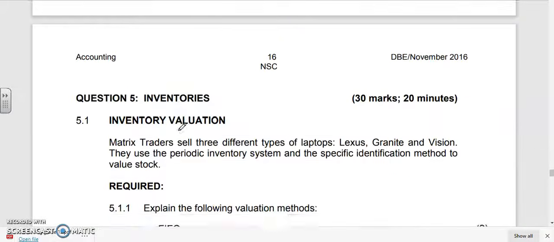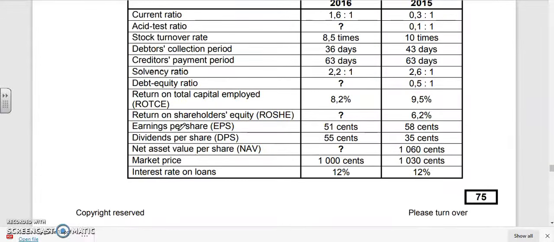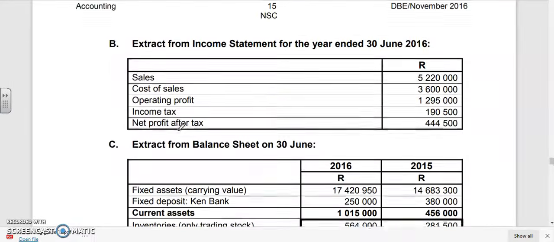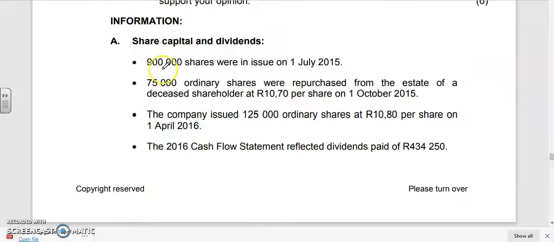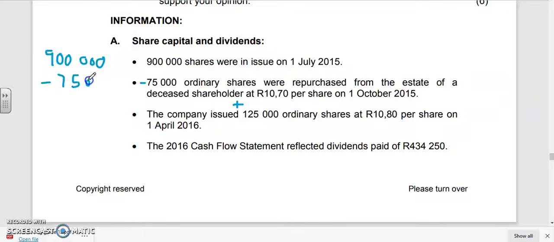Sometimes, if you did the ordinary share capital note before this, it'll be easier. But suppose we're doing this from scratch. You take your shares in issue at the beginning of the year, 900,000, minus anything that has been repurchased, 75, plus anything issued, 125,000.